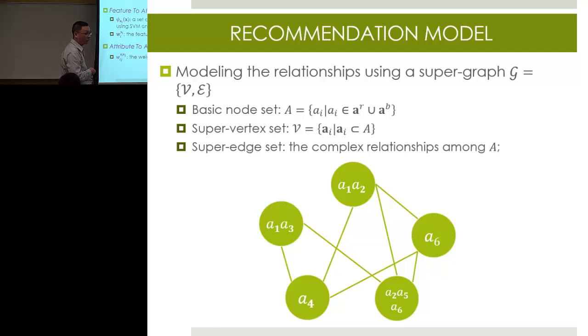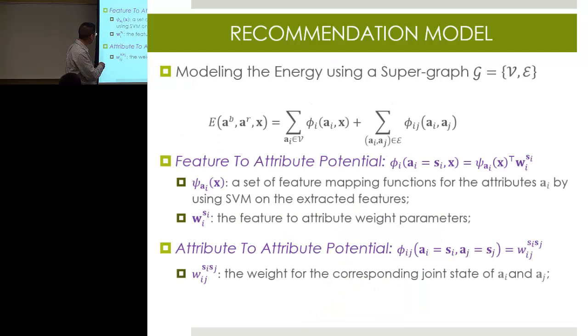Finally, based on the supergraph, we can define the energy function. The first term describes the relationship between the feature and the supervertex, and the final term describes the relationship between two supervertexes.